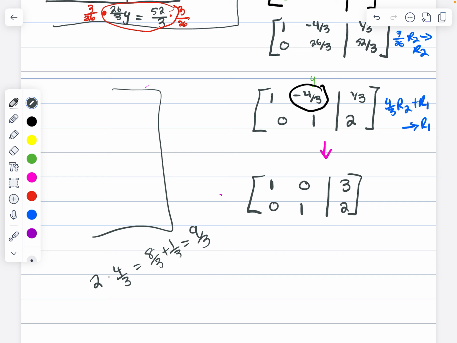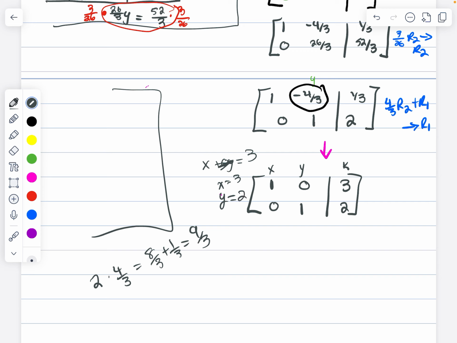So from here, what does this mean? Remember, this is the x, this is the y, this is our k. So what are we saying? We're saying 1x plus 0y equals 3. Now, we know 0y just cancels. So x is equal to 3. And then down here, we know y is equal to 2.